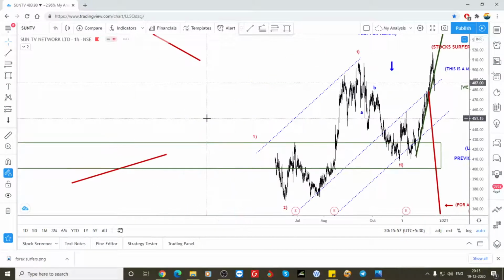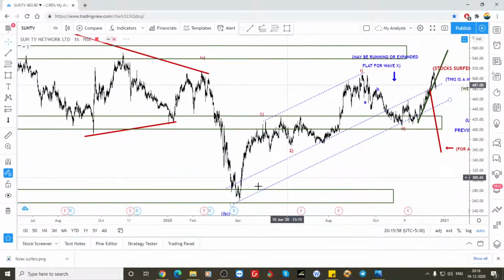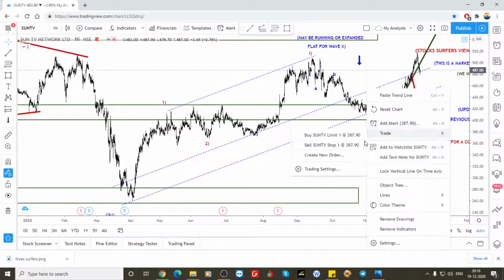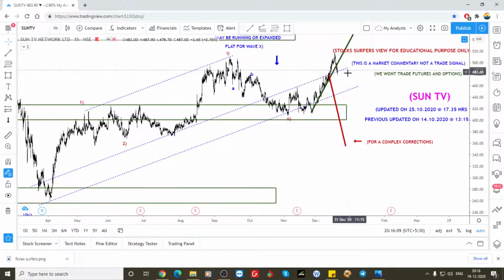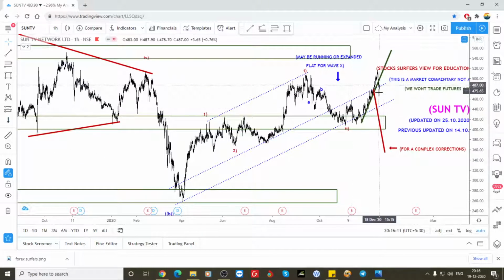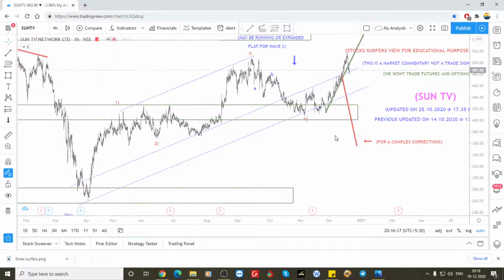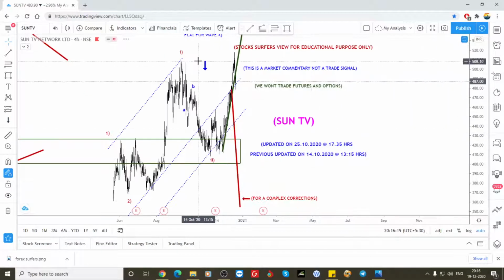Yeah, Sun TV also same, B is ended here. So whether this could be ABC as a 1, ABC as a 2, and we are in that third wave of A, or it is going to make, it's very confusing, because it's already broken the high.